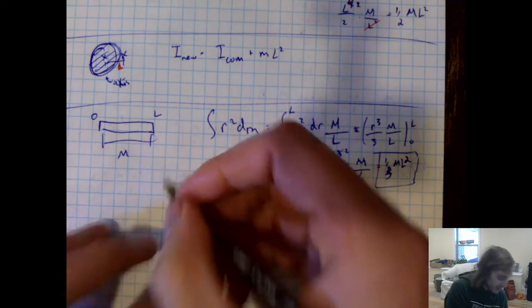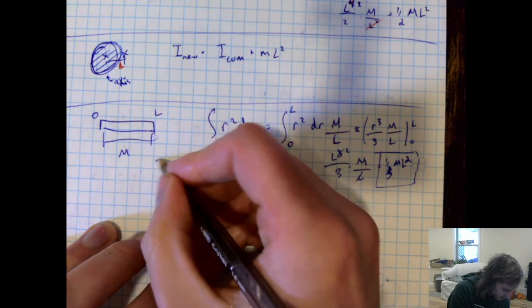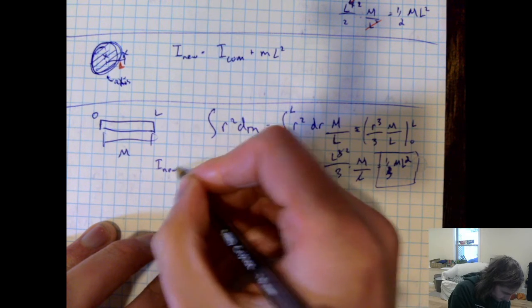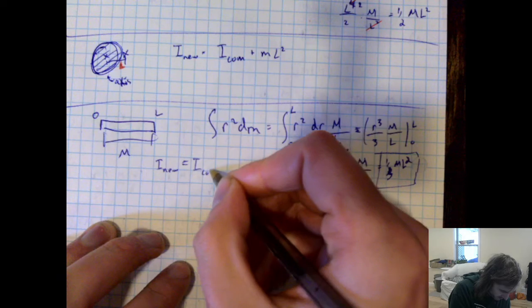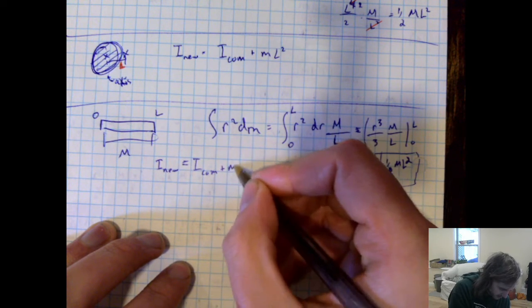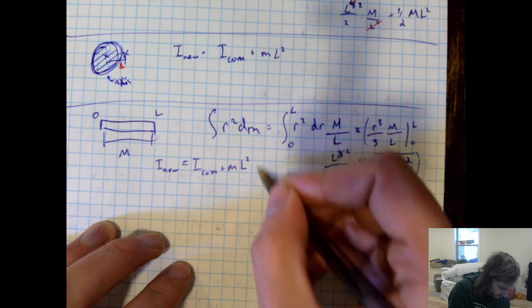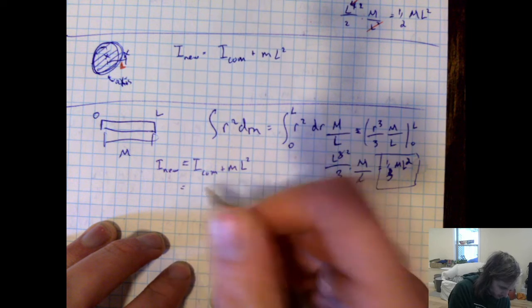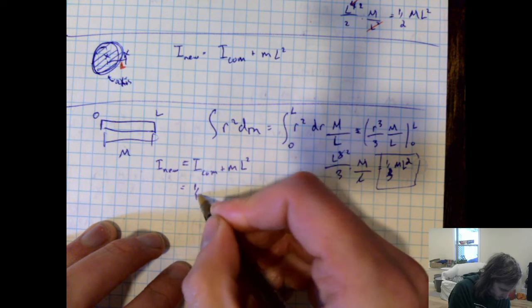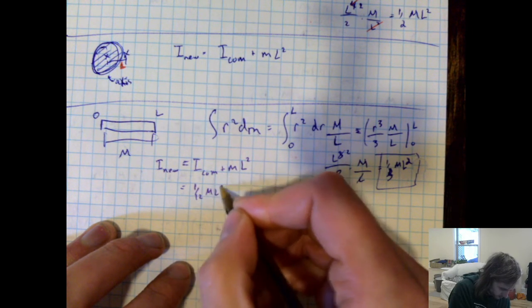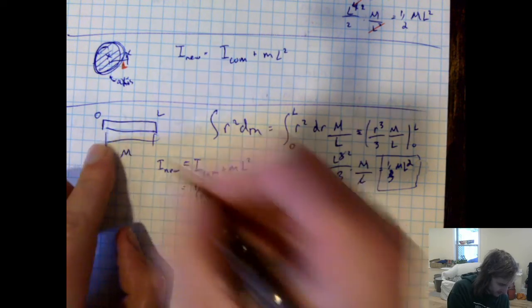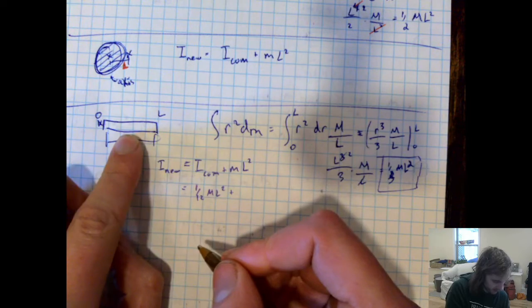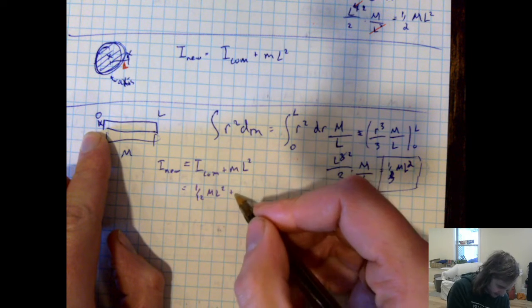Proving that with the parallel axis theorem, what we can do is we can say that our new moment of inertia will be equal to our old moment of inertia from the center of mass plus m times the length that's getting shifted squared. Well, our old moment of inertia was 1/12 ml squared. And the amount that we're shifting is by half the length to bring the pivot from the center all the way over to the end.